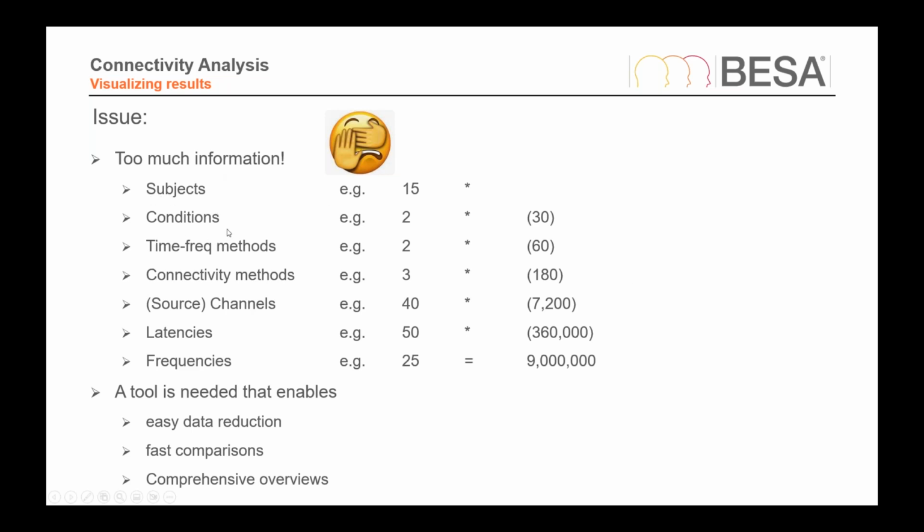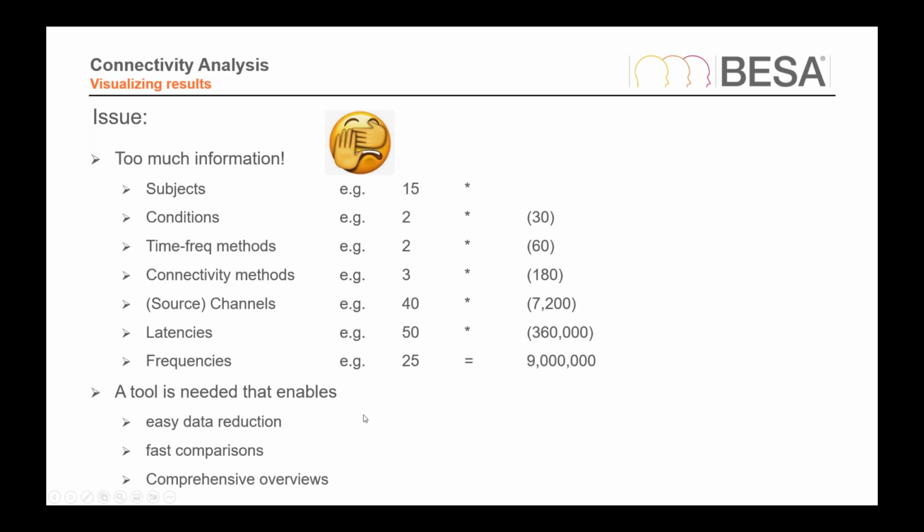We have 2 conditions that we want to analyze in these subjects. We maybe want to try out 2 different time frequency methods and 3 connectivity methods. Then we have identified 40 source channels that we are interested in. We're looking at 50 latencies and 25 frequencies, and then we end up with 9 million data points. That's a bit too much.